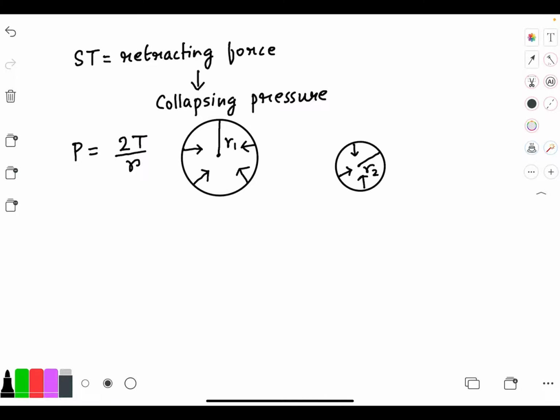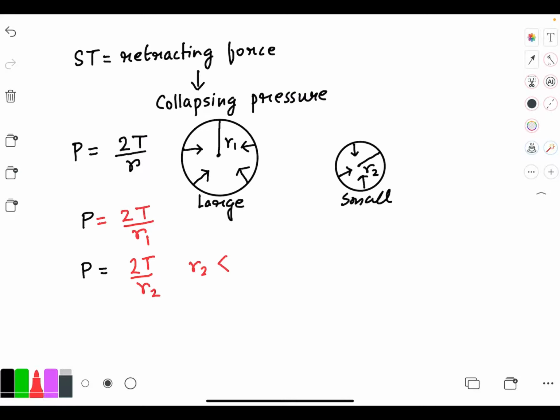But notice that in case of the larger alveoli, suppose this is the large alveoli and this one is a small alveoli, the pressure for the larger alveoli will be 2T divided by R1, and the pressure for the second one, a smaller alveoli, will be 2T divided by R2. So as you can see, R2 is less than R1, and therefore this is P1, this is P2.